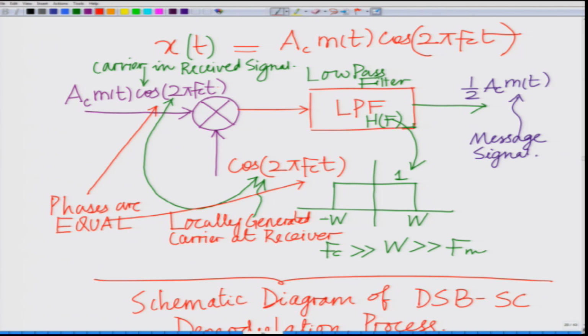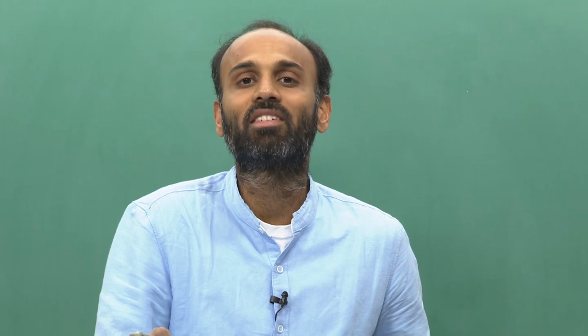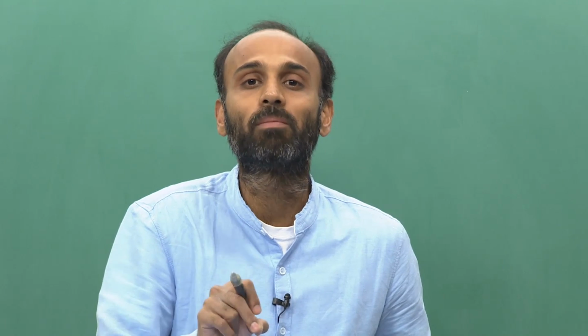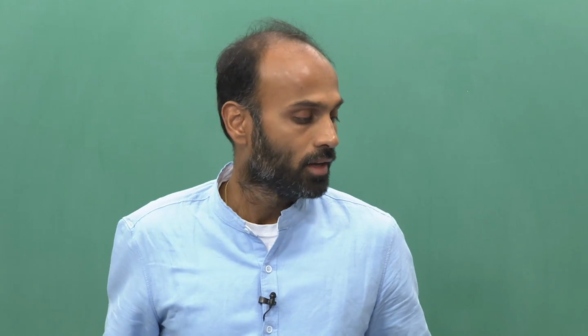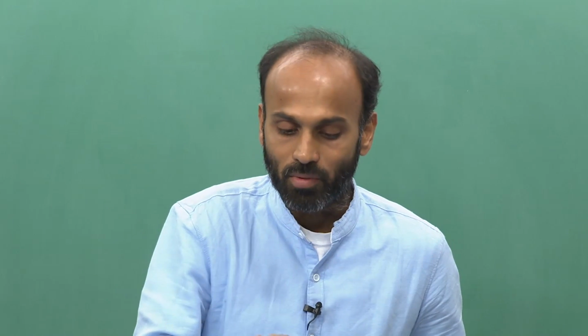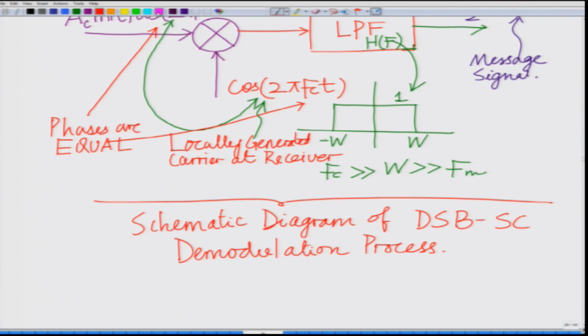In other words, there is no phase offset of the locally generated carrier with respect to the carrier wave component in the incoming signal. This is what we have implicitly assumed, and this is a very big assumption, as I am going to demonstrate later. When these phases are equal, this is termed coherent demodulation.